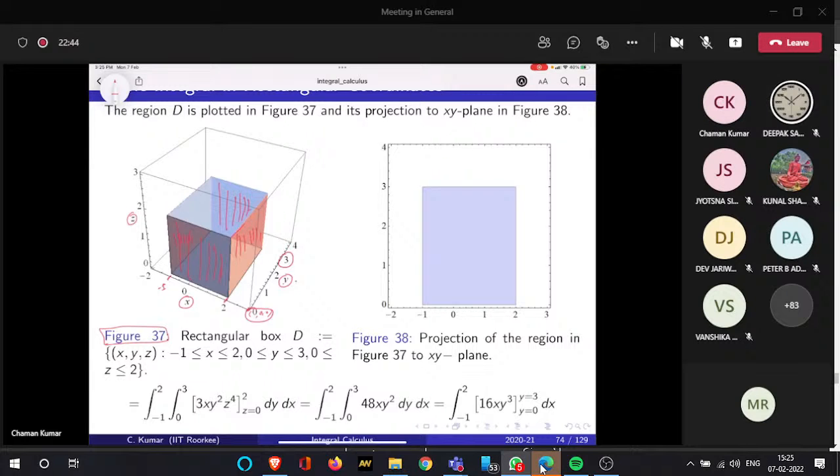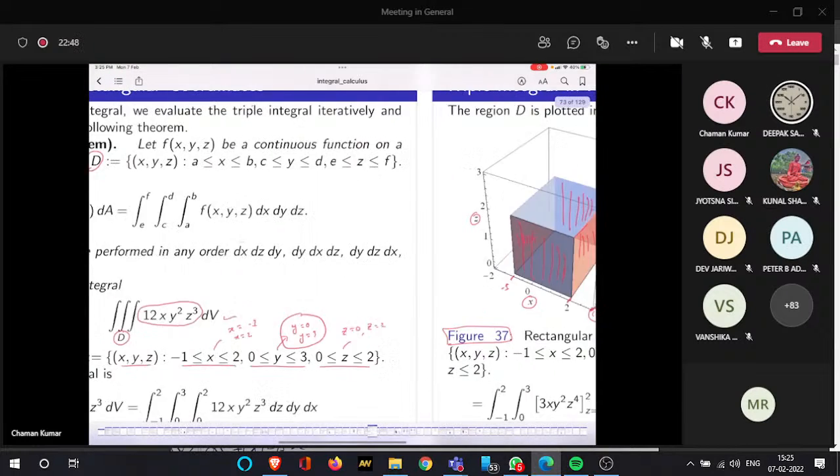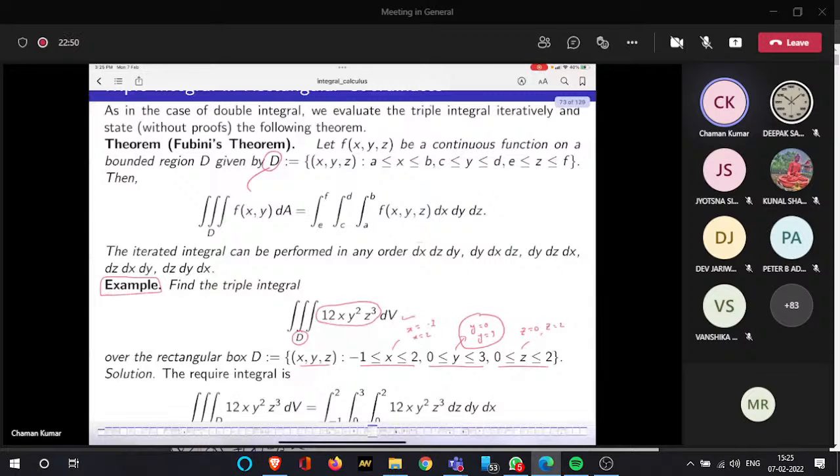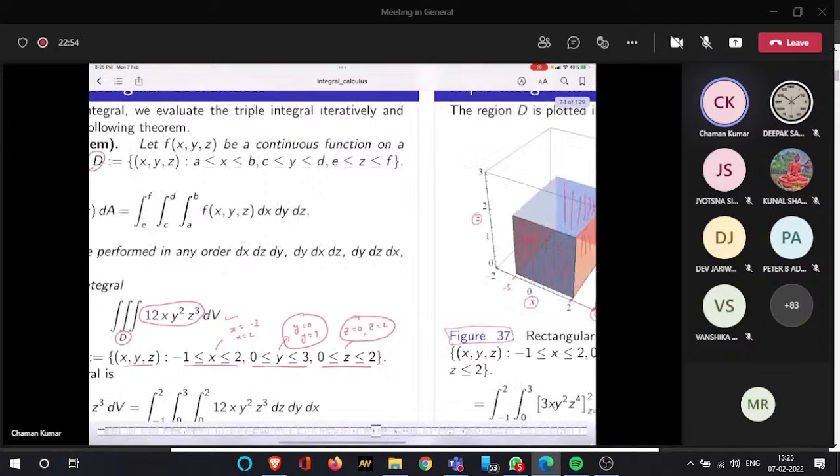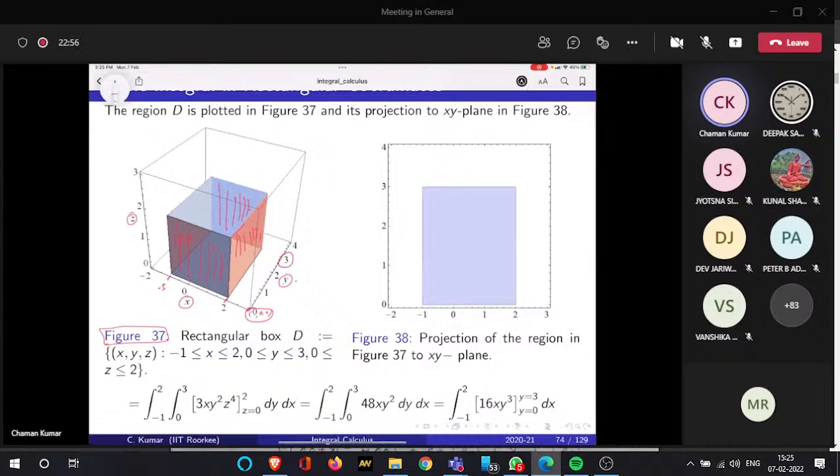And then you go to the z-axis. On the z-axis, you have z is equal to 0 and z is equal to 2. So this is my z-axis. Basically z is equal to 0 means you have the xy plane. You see the bottom, that is z is equal to 0.